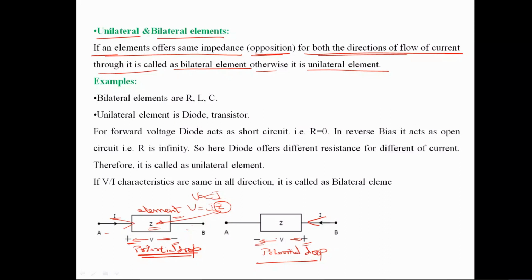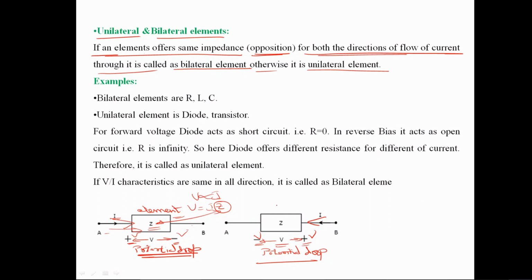When the current flows in this element, there will be a drop in the voltage, represented by plus here and minus here, because the current is flowing in this direction.